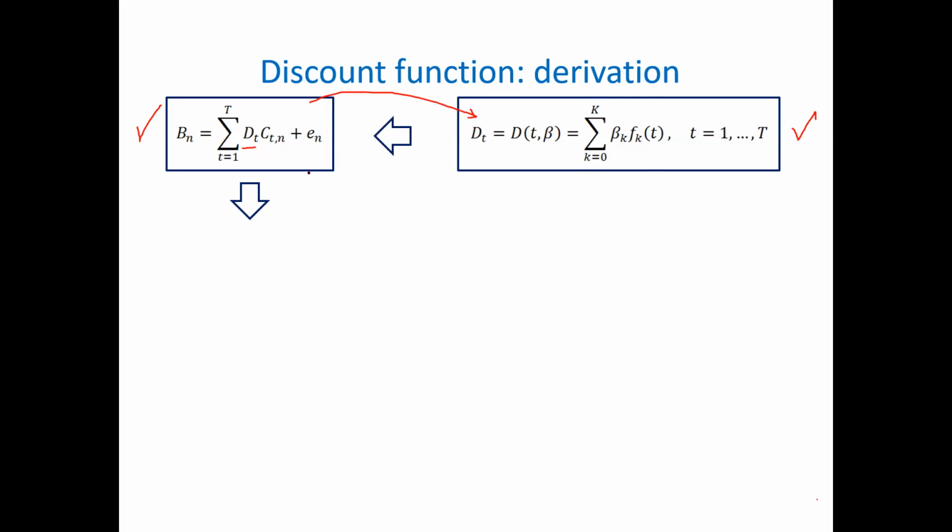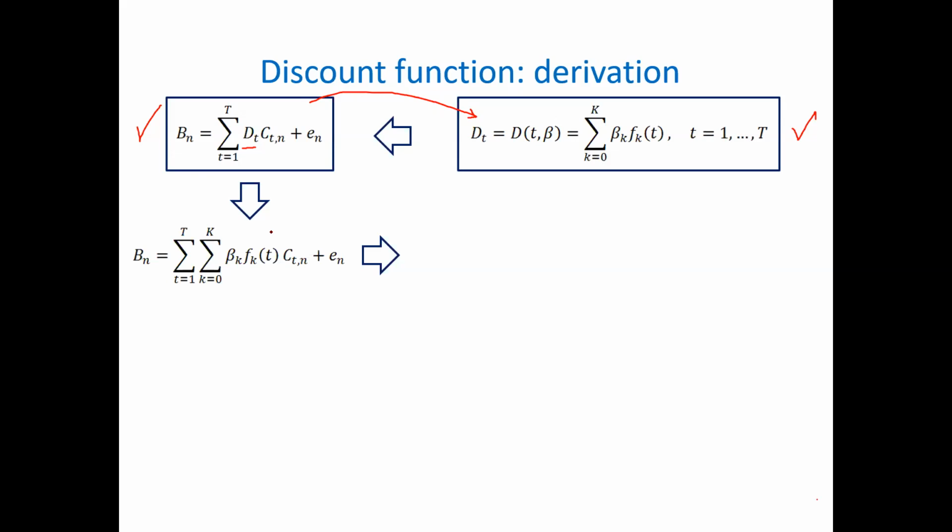As a result, we have something like that. We see that we have two summation signs here. First we sum over all k's, and these are our degrees of polynomial. And then we sum up over all t's, and t is all the times to maturity which exist in this particular government bond market.